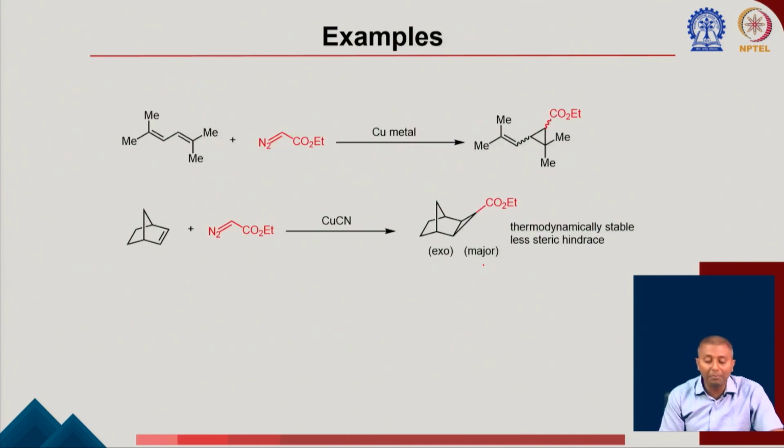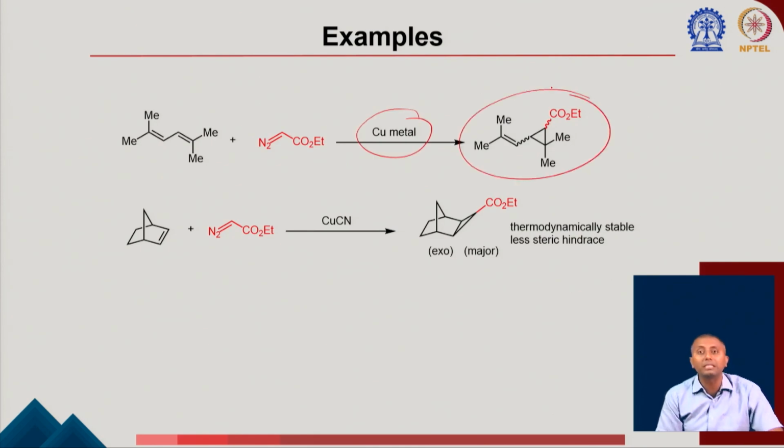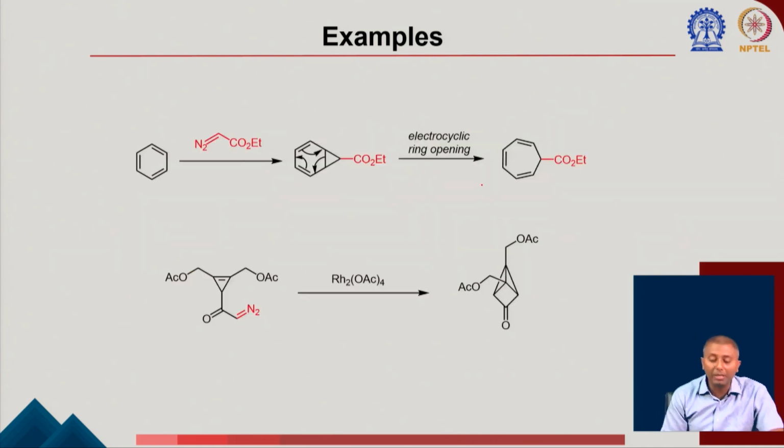So here is some example using copper. You can see using copper metal it can form the corresponding cyclopropane, but the problem in this type of reaction using copper for the cyclopropanation using the diazo compounds is that the diastereoselectivity is not very good. But here it is forming this corresponding exo product as a major product, because this is a thermodynamically stable product. Then there are some examples using rhodium.